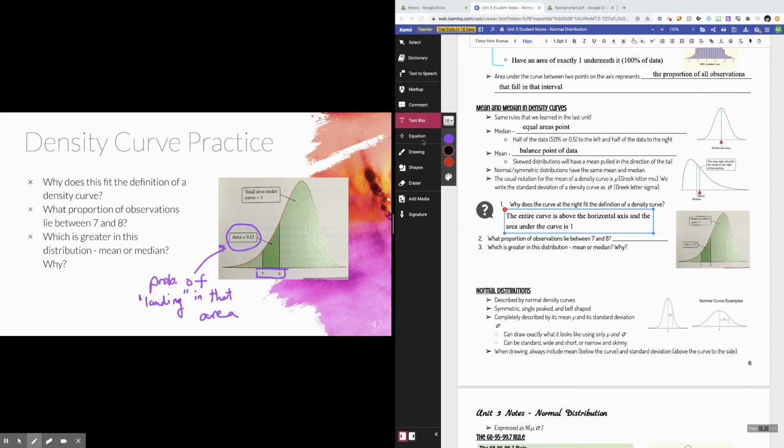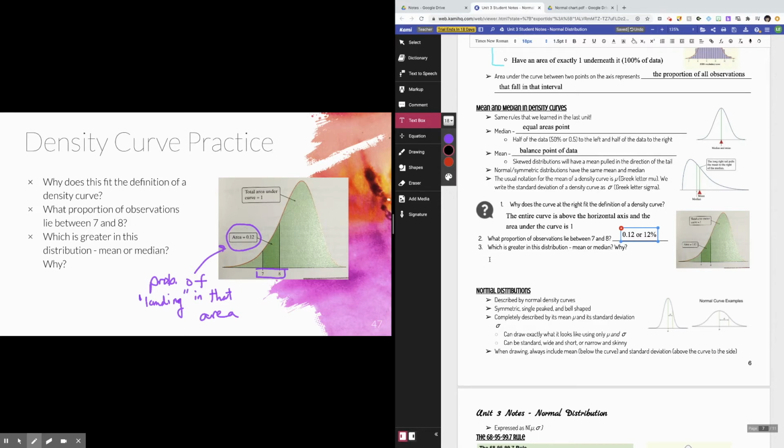Okay, so the proportion of observations that lie between 7 and 8 is 0.12, or you could say 12% if you wanted. Most of the time, in statistics, we write things with decimals or percentages rather than writing them with fractions. It's the way it works most of the time.